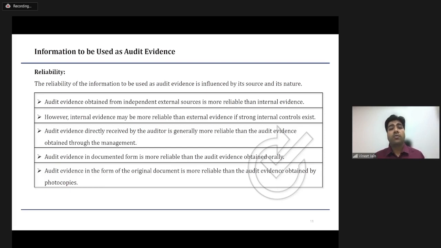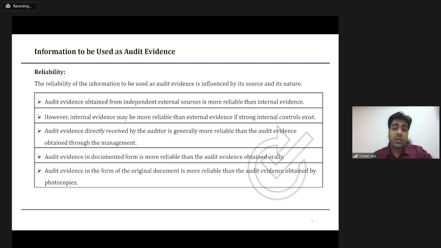We just discussed that independent external sources are much more reliable. Many times the company uses an expert, which we call management's expert, and when we gather information from that independent external source, that information may not at all times be reliable.